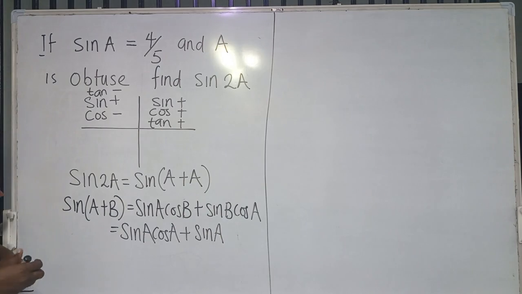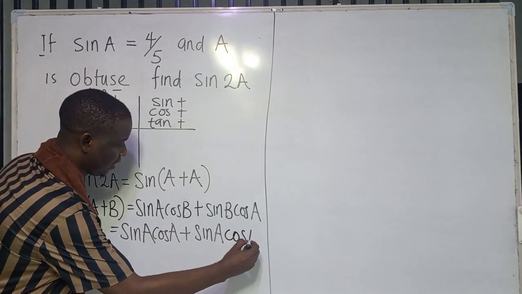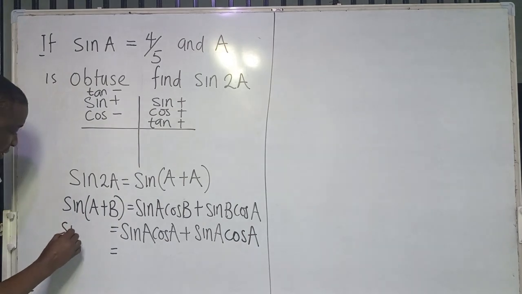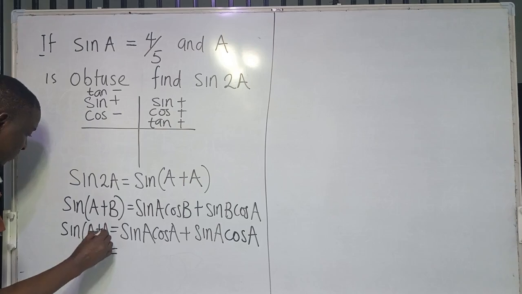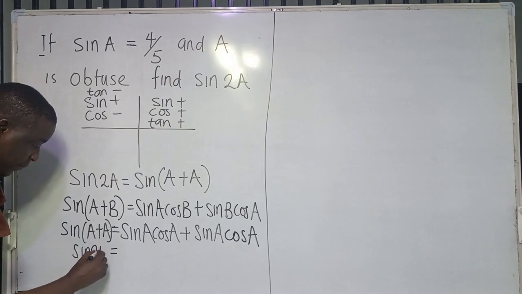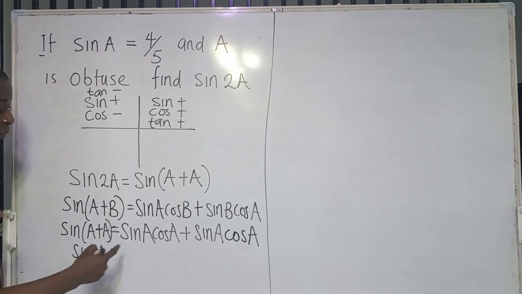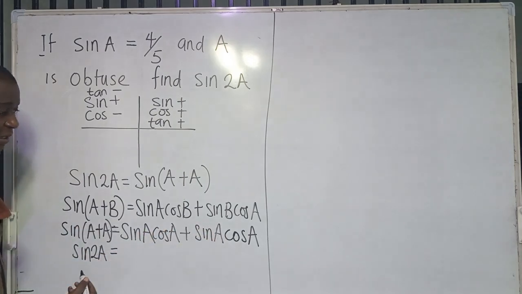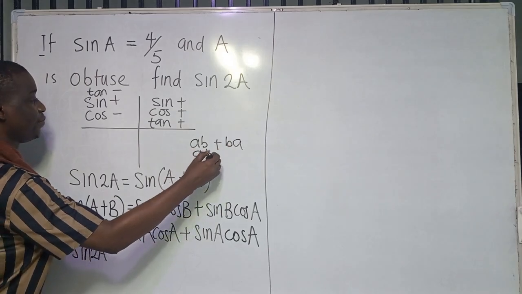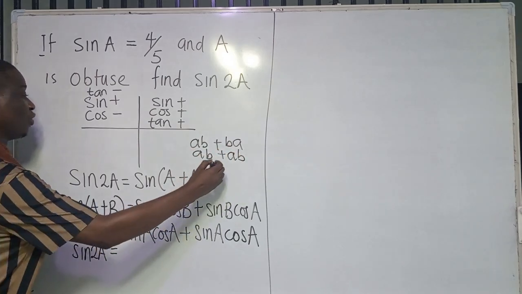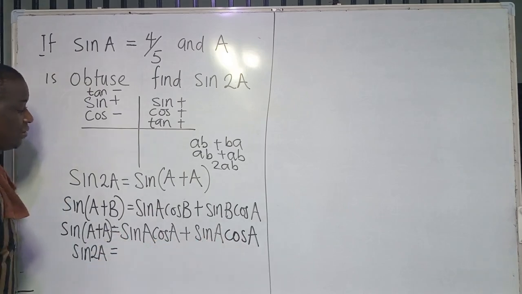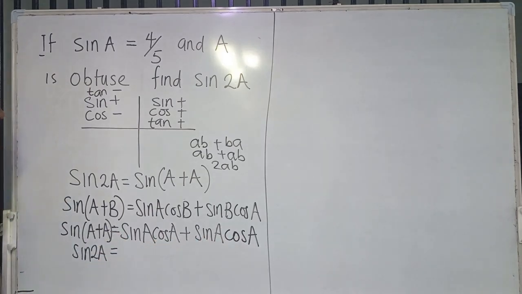You are working with sine of A plus A, which is simply sine 2A, because A plus A is 2A. AB plus BA is the same thing as AB plus AB, which is equal to 2AB. That's what is happening here.